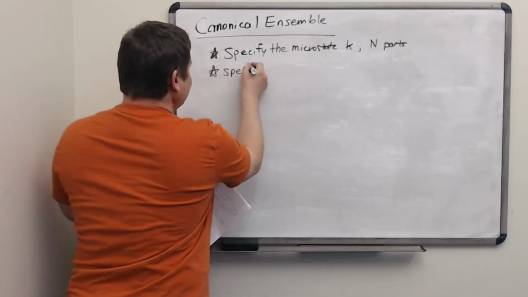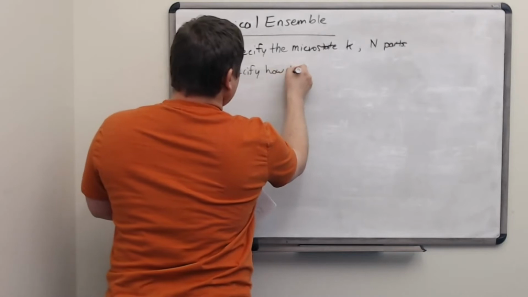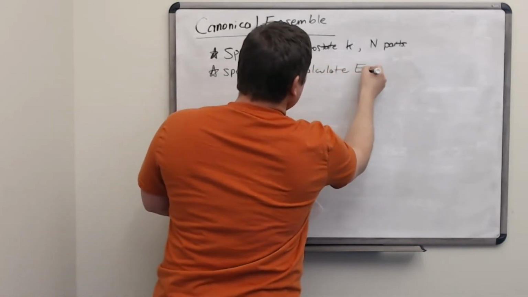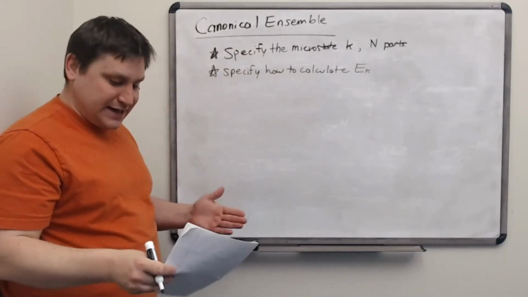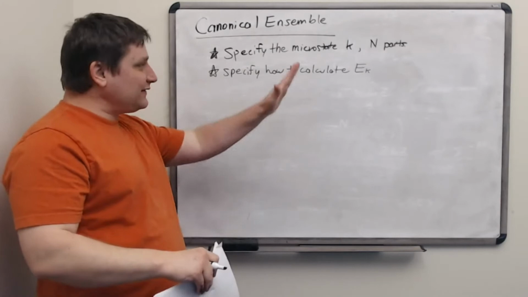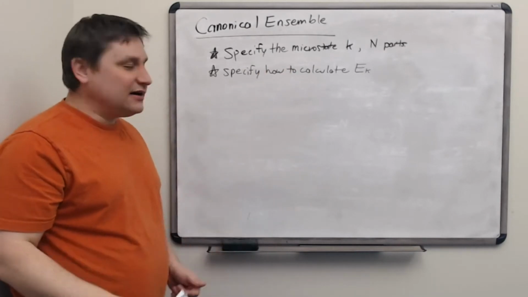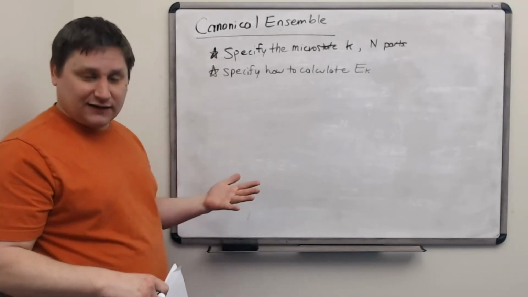Secondly, we need to specify how to calculate E, the energy of that microstate K. Now, K may be a long list of numbers, but we have some rule that we have to specify for how to get E. Now, these first two steps are the same as they were in the microcanonical ensemble.